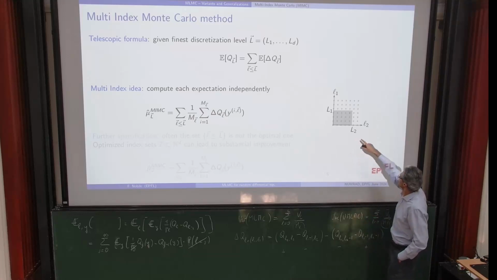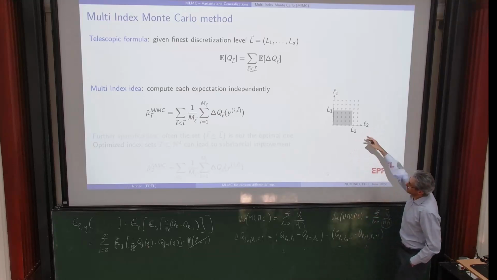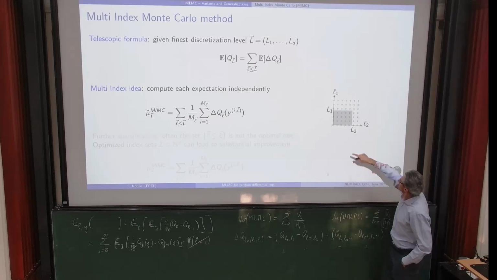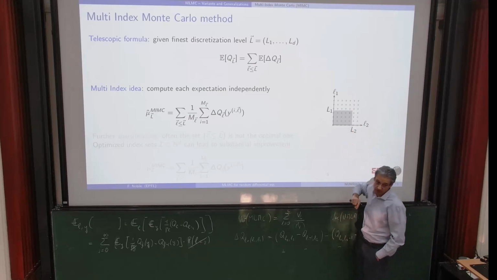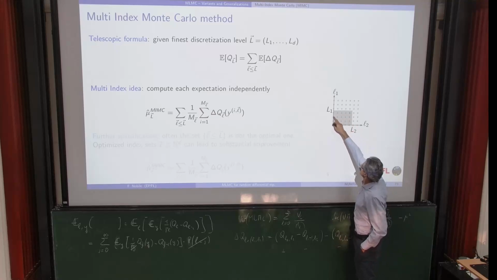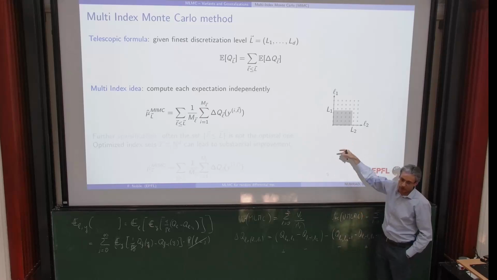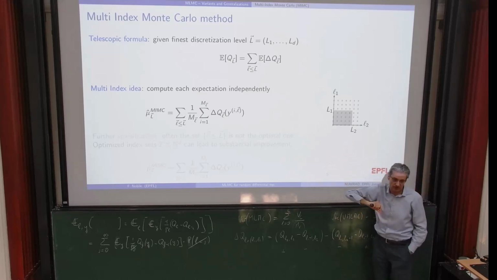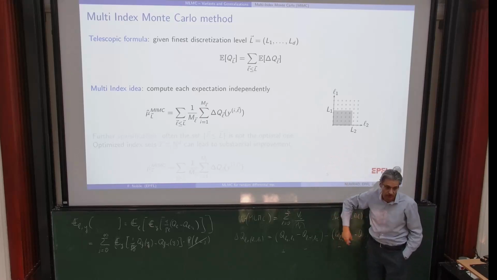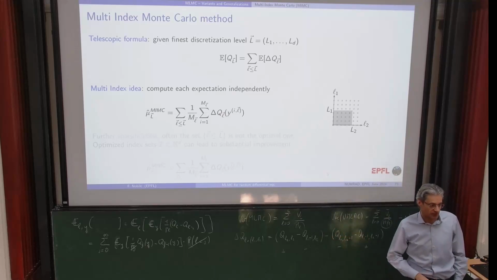Again, this is a graphical picture: I'm targeting this level of refinement, but now I'm summing over all these points in this lattice. For each one of those, I have to compute this multi-difference, so all these terms here, and recombine.